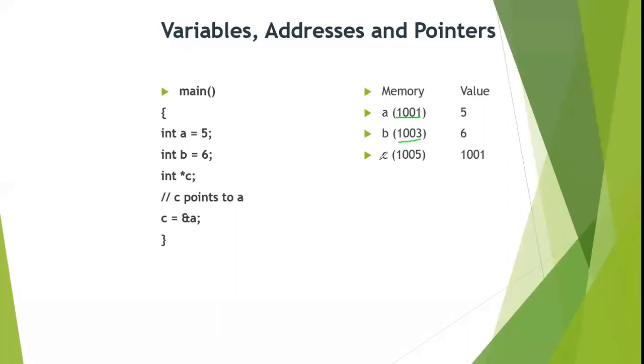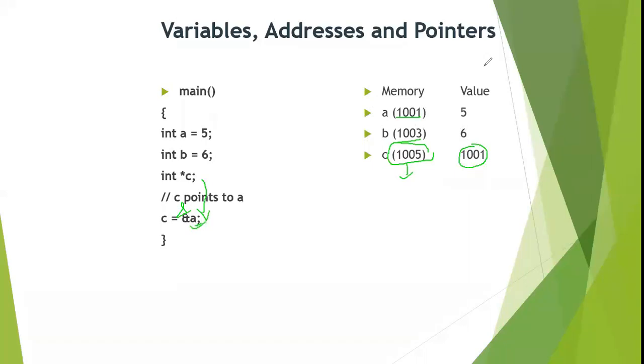So I'm creating a new variable c, which points to a via c equals ampersand a, right? Now c is also a variable. Its own address is 1005, but it is storing the address of whom? a. a's address is 1001, so the value of c will be 1001. I hope it's clear now.